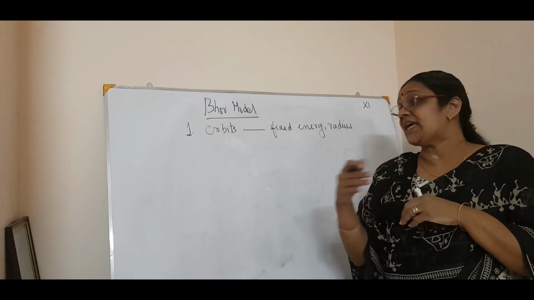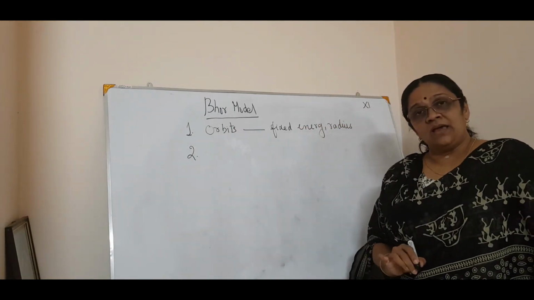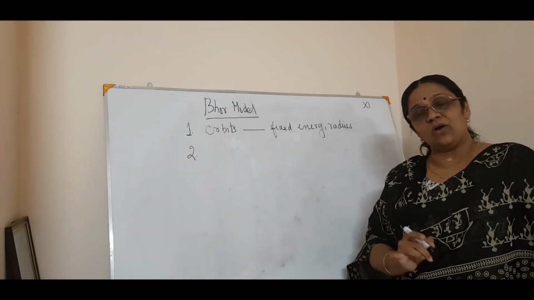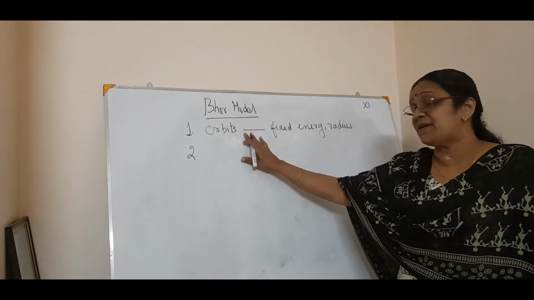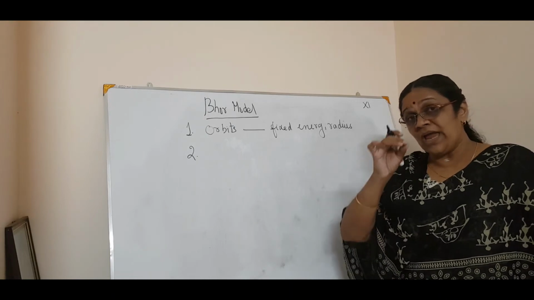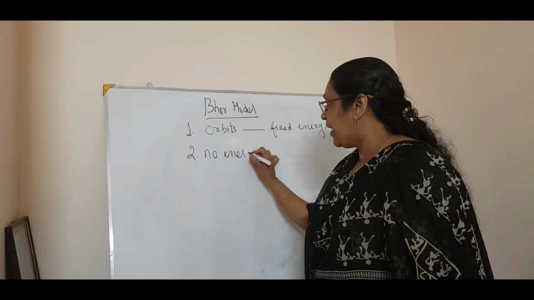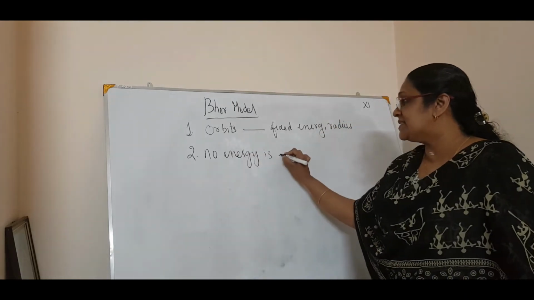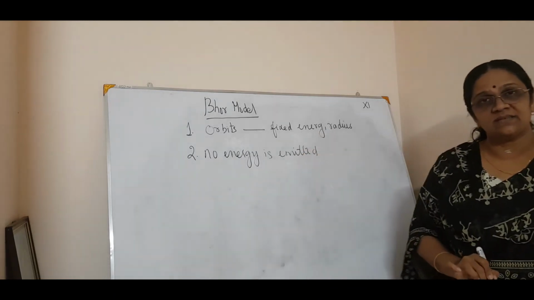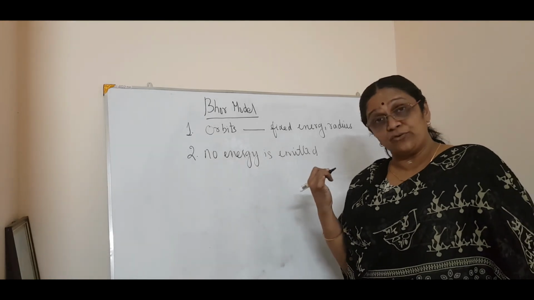Now the second postulate which he said was, while revolving round the nucleus in this specified orbit or stationary energy level, no energy is emitted. That is the second point. No energy is released or emitted while revolving round the nucleus. That was the drawback of Rutherford, isn't it?